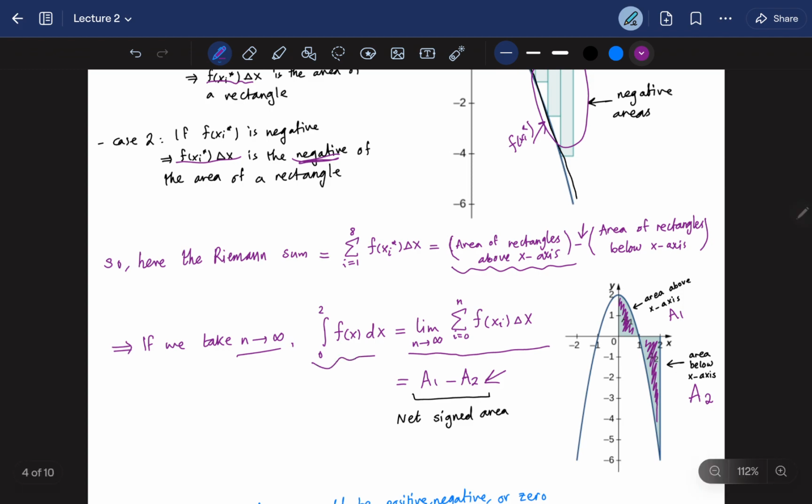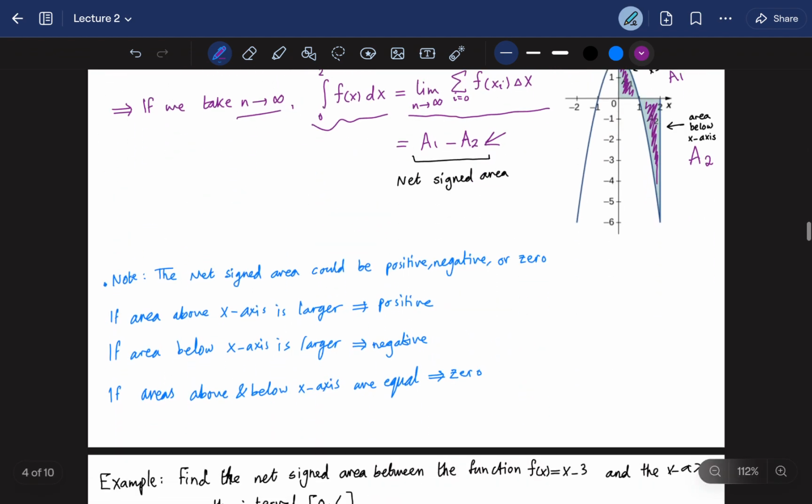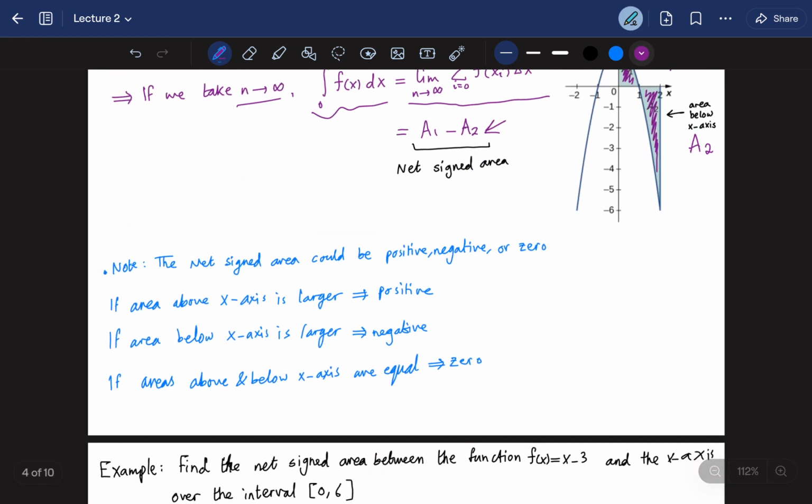And this is going to be equal to your integral. So to find the integral where you have positive parts and negative parts, you just subtract these two parts. Okay, so some facts here. The net signed area could be positive, negative, or 0.